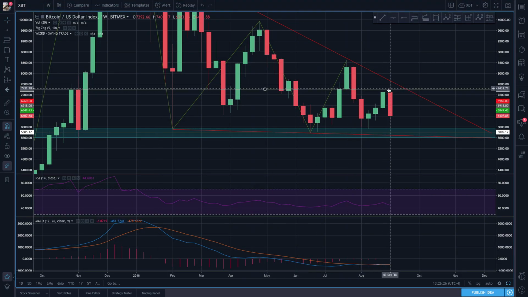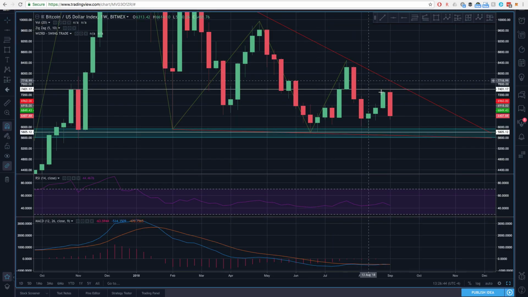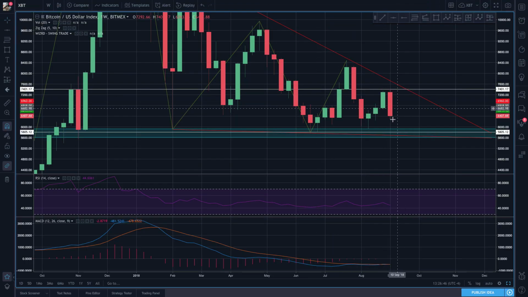What happened is it bounced off of the resistance. So if it bounced off the resistance, that's better to short, right? If it bounces off of the support, that's better to long. It's more like a confirmation, basically, that the resistance held up and the support held up. So according to this, it's in range right now on the weekly.